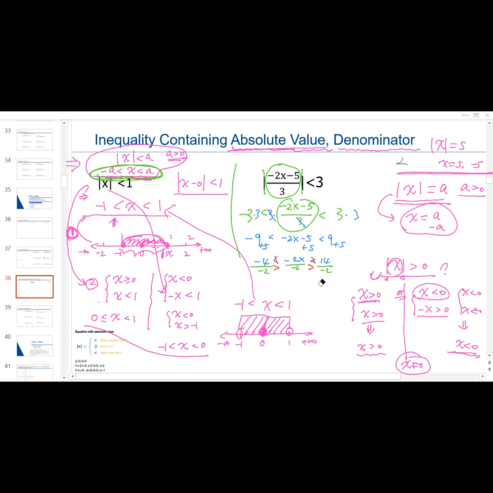So what do you have here? It became x, right? Here it became 2. Here it became -7. So that's the solution for this one. We can get it here or here. So use the one step, two step, three step, four step.